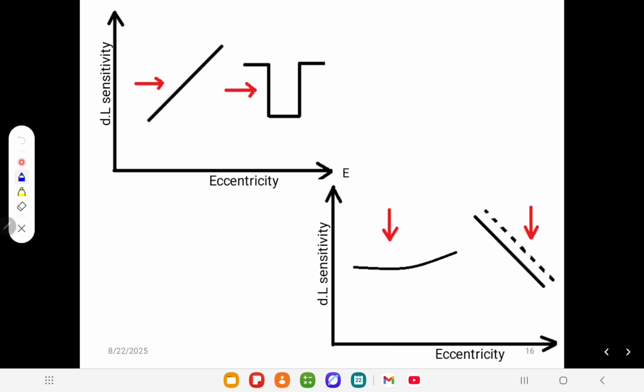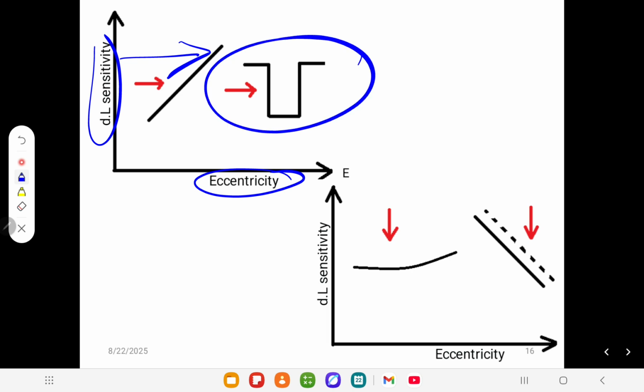See, in case of differential light sensitivity and eccentricity, when we move light, it's way easier to detect in this condition where the defect is steeper, focal. But at the same time, if we throw light directly at the point, we're not moving it, it's far easier to detect small depressions too.